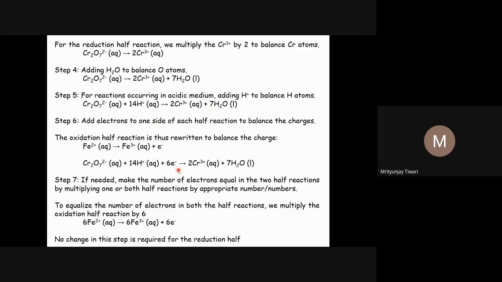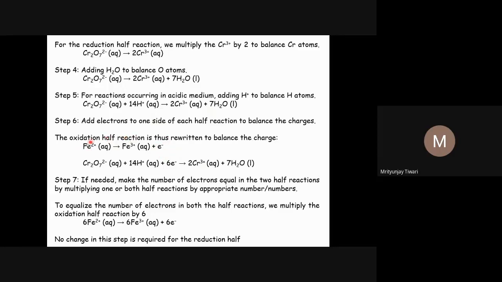In the next step, step 7, we balance the number of electrons lost and the number of electrons gained. Here the electron is lost in this reaction. That is why the electron is added to the right hand side. In this reaction, electron is gained. The reactant is gaining electrons to form this product. So to make the number of electrons lost equal to the number of electrons gained, we need to multiply this reaction with 6.